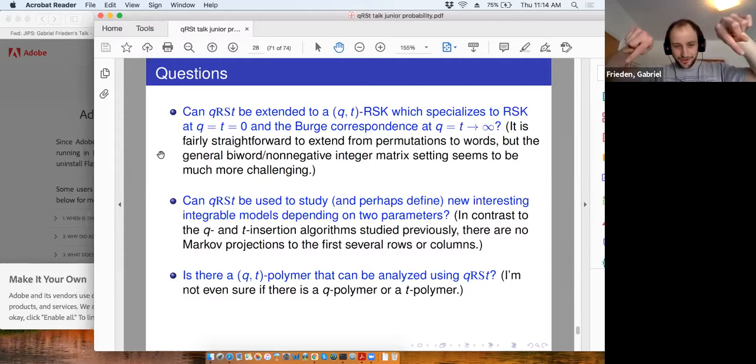There are these two qRSKs that Matveyev and Petrov have, and there's this t-RSK that Bufatov and Matveyev found. And so ideally, is there some master RSK algorithm that specializes to all of these things? I don't know.